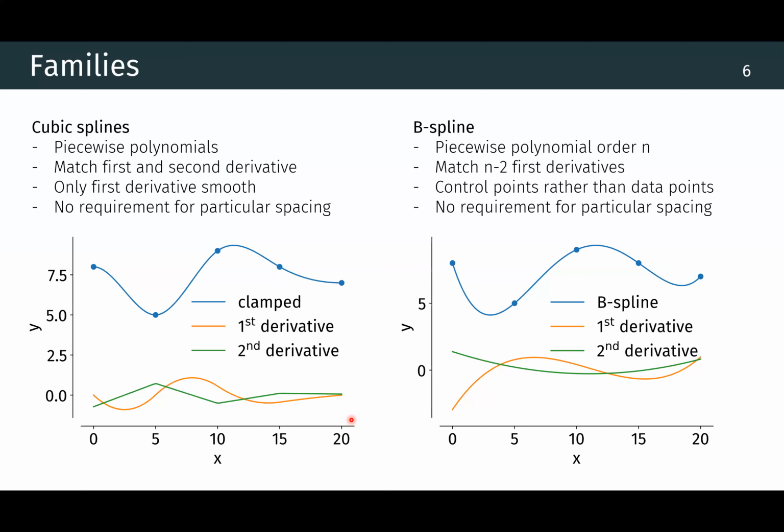It has smooth connections, so it's differentiable everywhere. Whereas if you look at the second derivative, that's the green line over here, you see it's linear in every curve segment. Most notably, it's not differentiable at each individual data point.